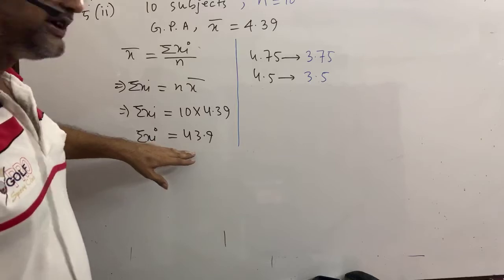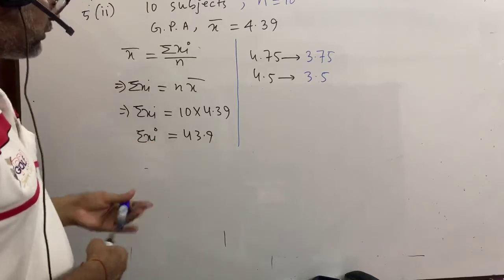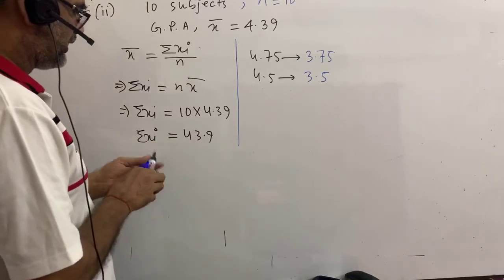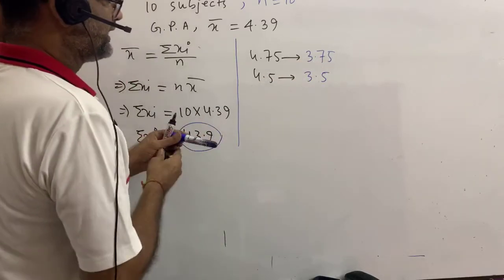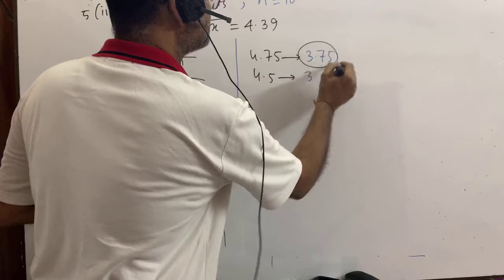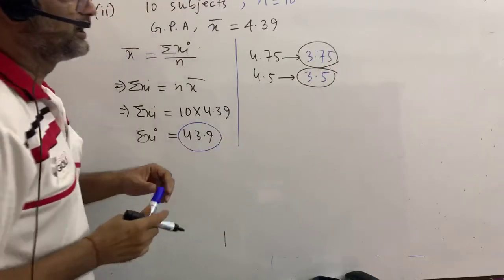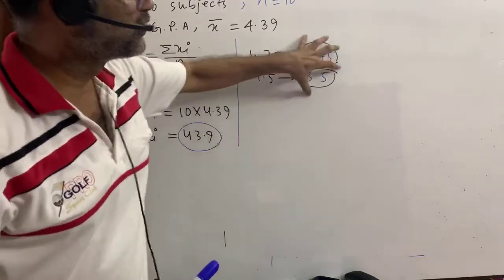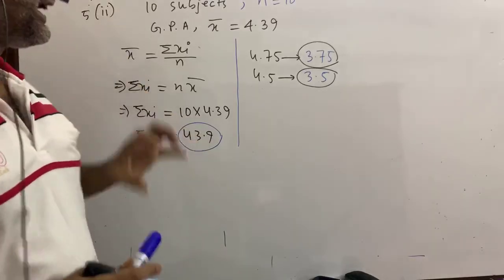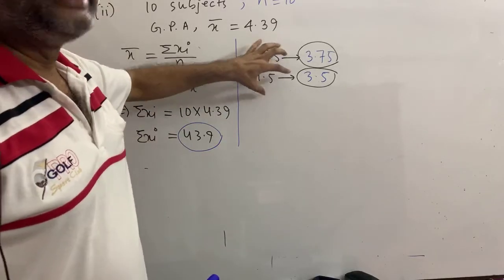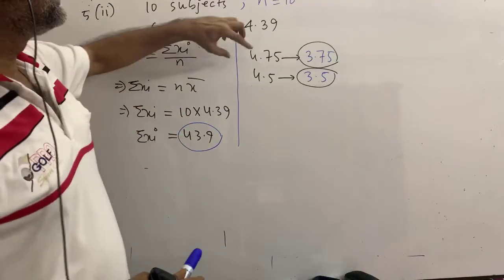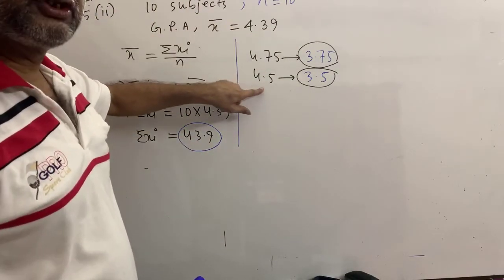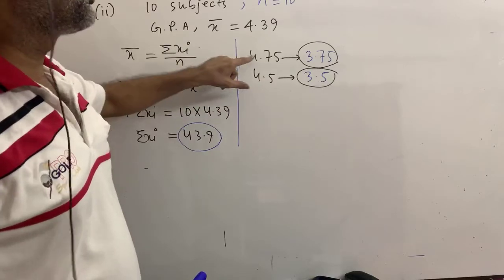Actually this calculation was done here considering these 2 points. Actually in 2 subjects out of 10 subjects it would be 4.50 and the other one is 4.75.